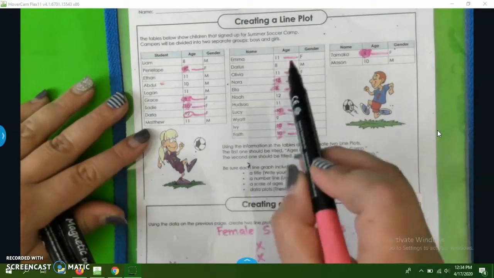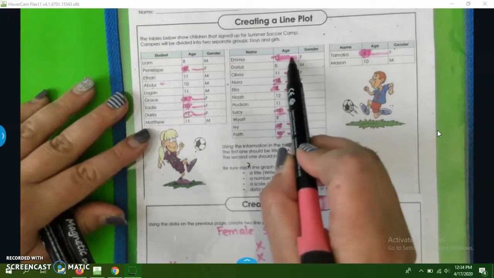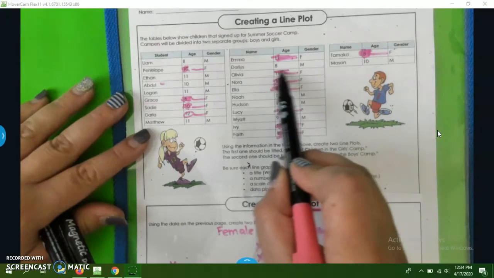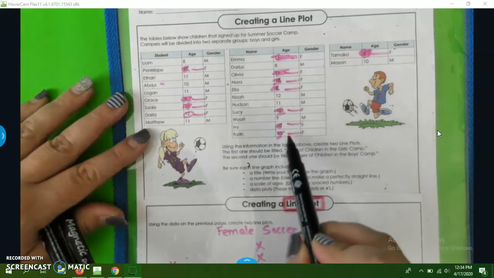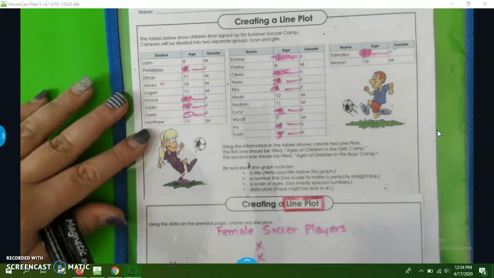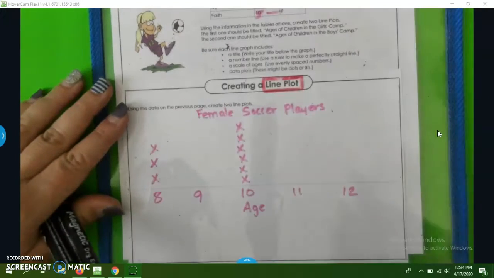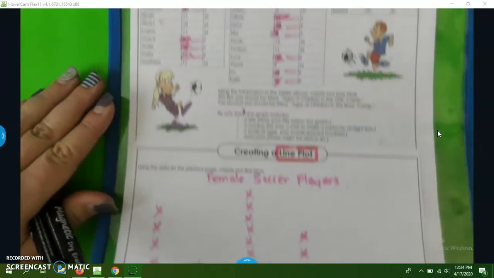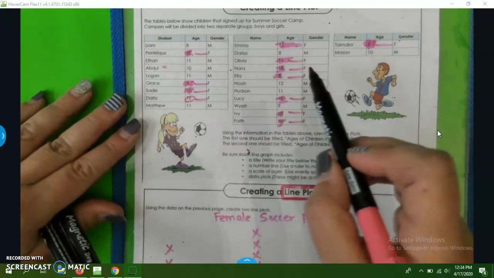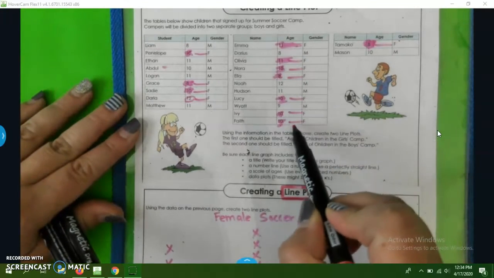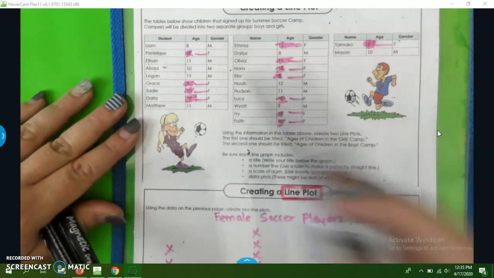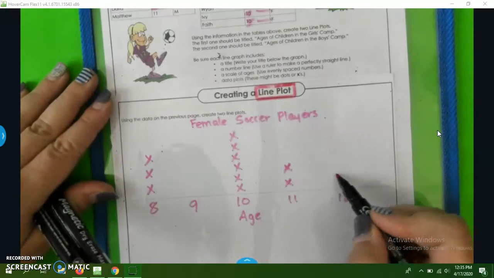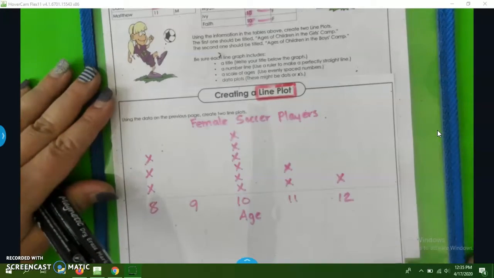So we will go to 1, 2, and that's it. So 2 players are 11. And then last but not least, our 12-year-old female soccer players. So we have 1 here. So just 1 X above the 12 shows us that there's 1 player.